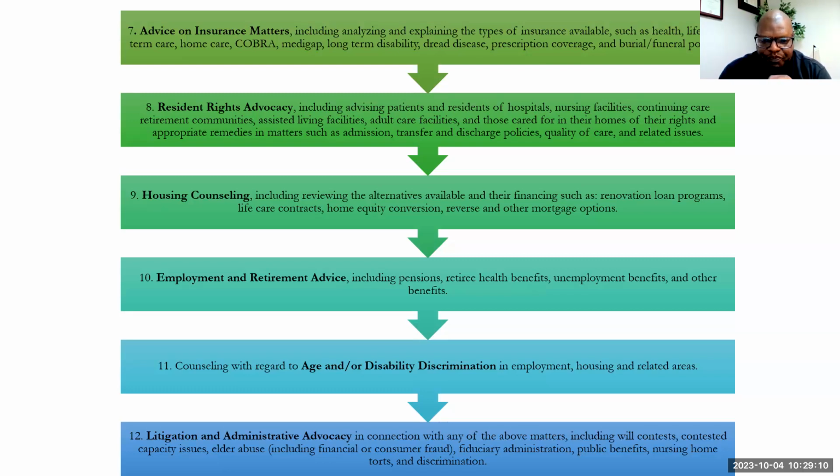Elder abuse. I wanted to point this one out. Elder abuse has two real prongs, financial and consumer. Consumer is more third party. You hear about home improvement scams, people calling on the phone. Back in the day, they had a lot of sweepstakes issues.